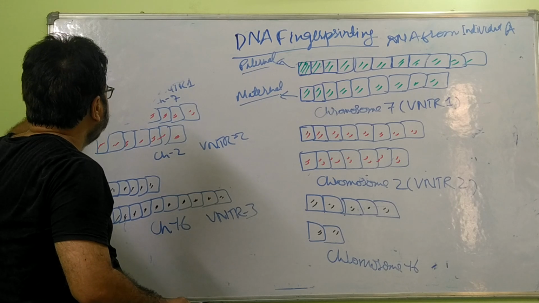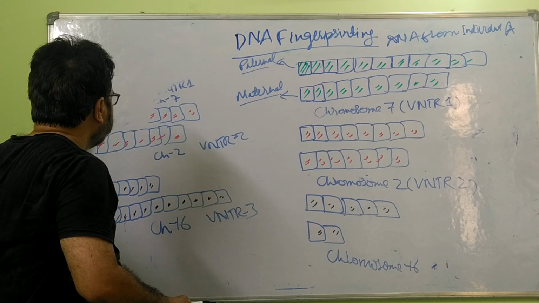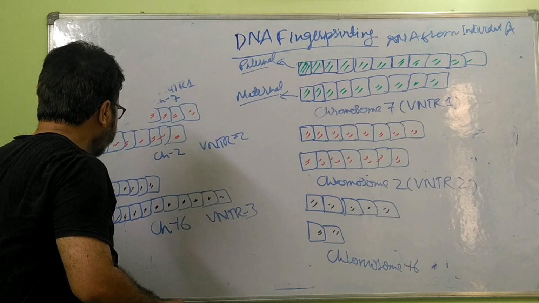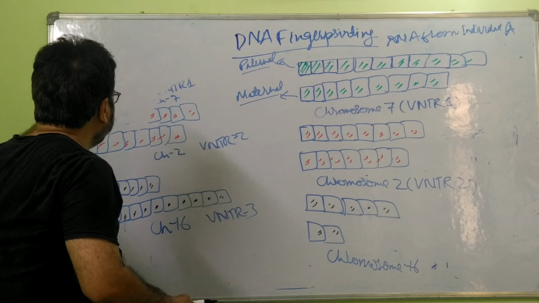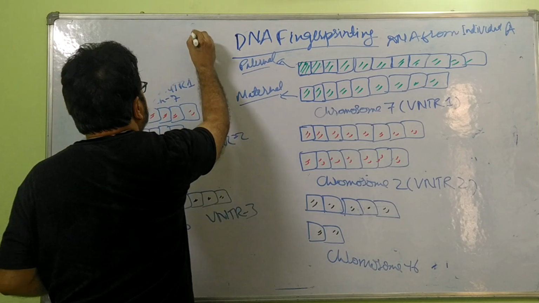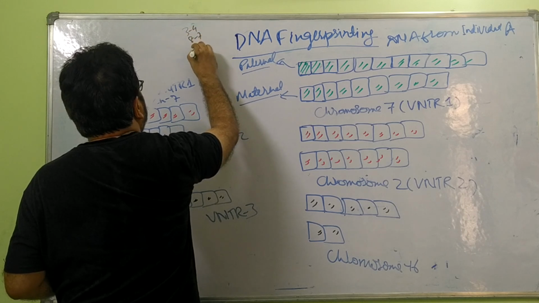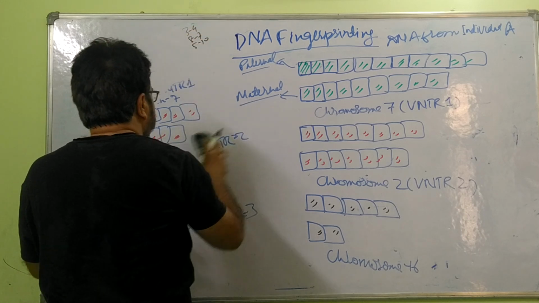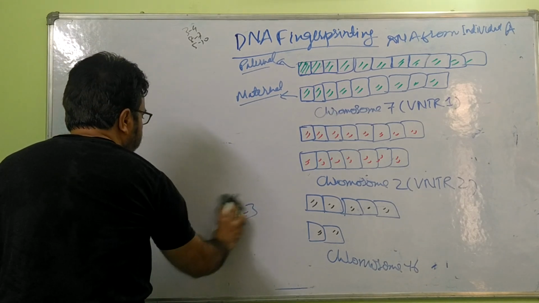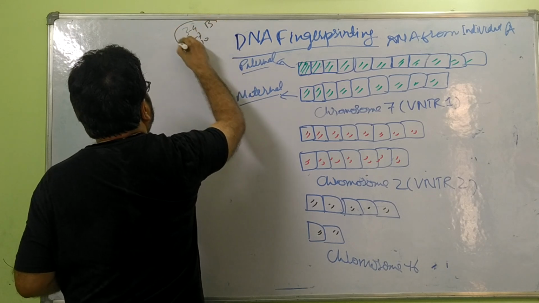These were 3, 4, and the VNTR 2 were the 8, 7, and the third VNTR was 5, 10. So we write here 3, 4, 8, 7, and 5, 10. So these were the things in 3 VNTRs for sample B.